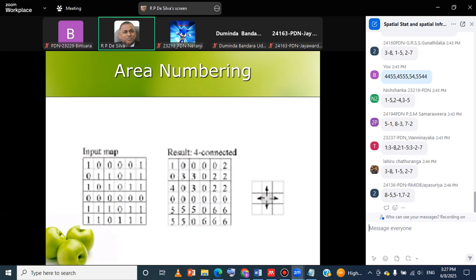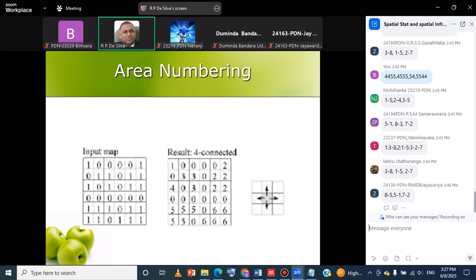I'll explain this way. Suppose 1 is water bodies, 0 is land. So where there is water, you number as 1. When there's land, no water, you number as 0. Right?